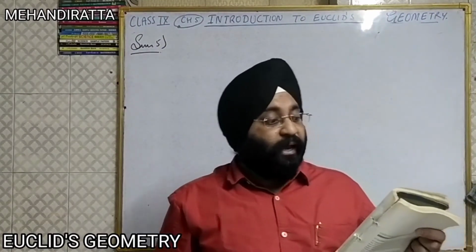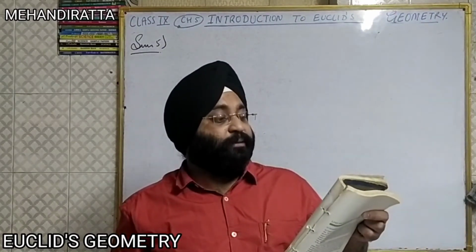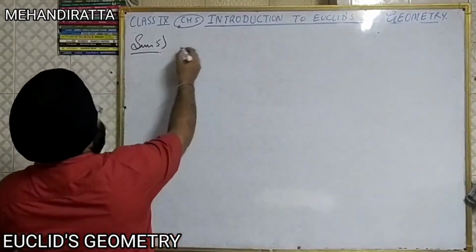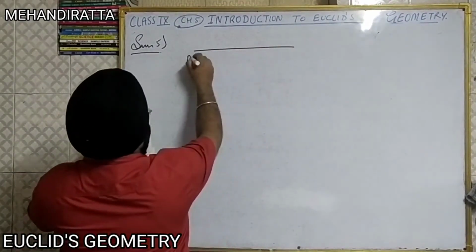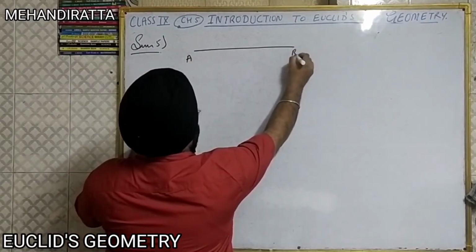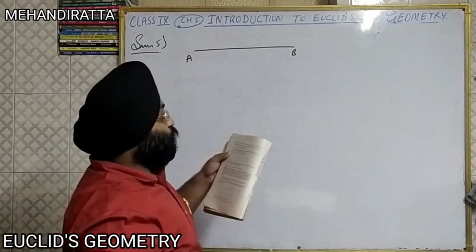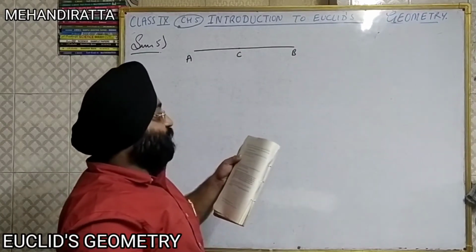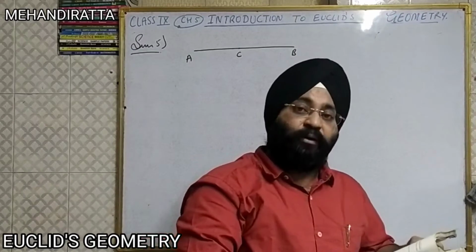Prove that every line segment has one and only one midpoint. C is called midpoint of AB.